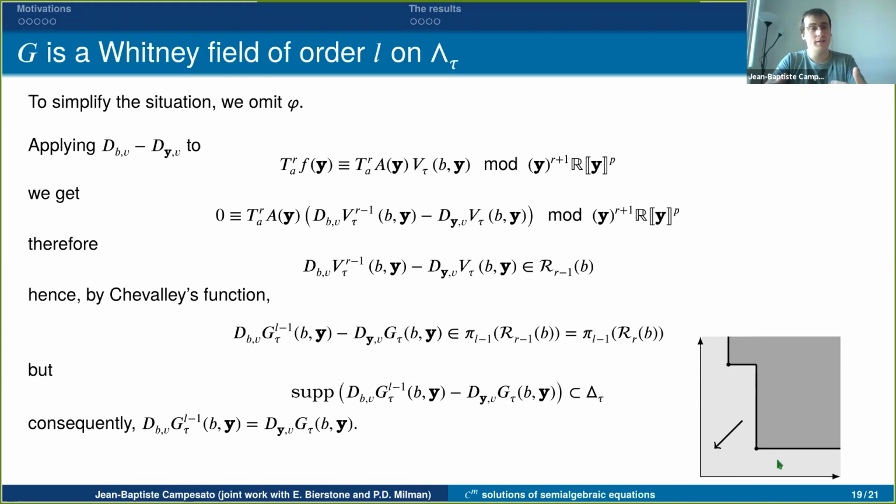When we take these derivatives, the only thing we can do is get closer and closer to the axis, because y to the n becomes n times y to the n minus 1. So if you start with something in the complement of the diagram, after applying this operator we stay in the complement of the diagram. So we just proved that this operator applied to our field is in the module of relation, but it is also in the complement of the diagram of the module of relations, meaning that it is equal to 0.